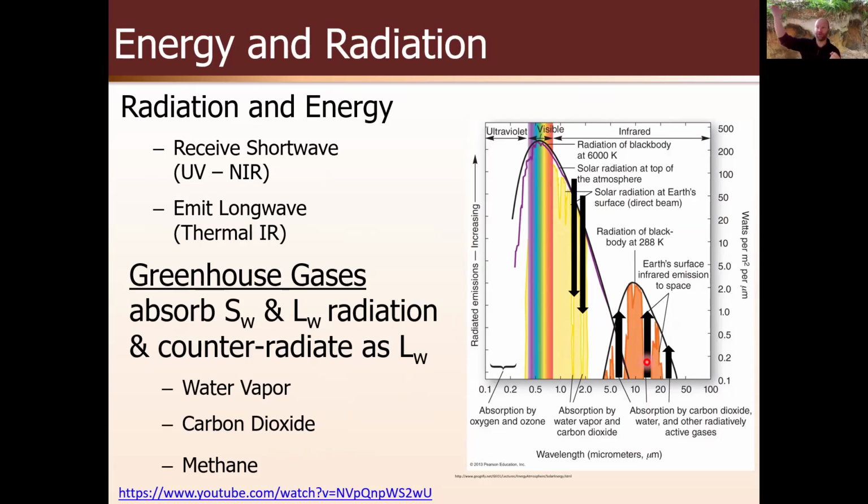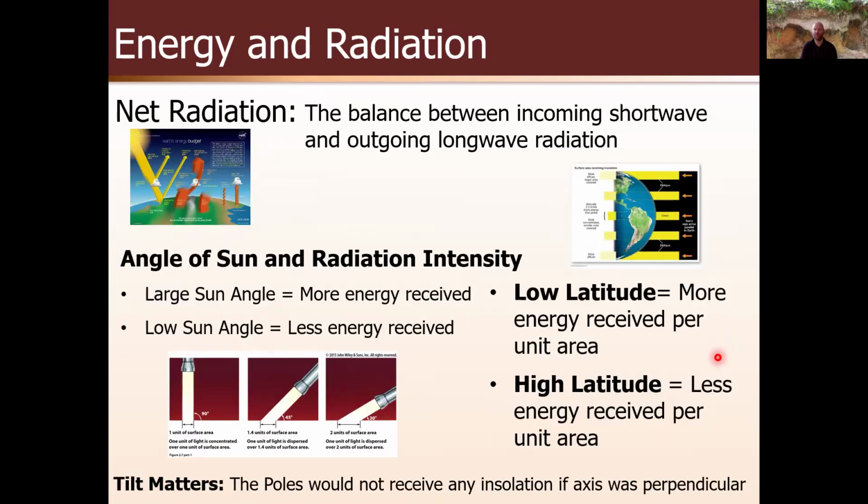Let's say shortwave radiation comes in from the sun and interacts with water vapor, which absorbs the radiation and re-emits it as long wave radiation. That long wave radiation can then be reabsorbed by another water vapor molecule, and then again and again. So these gases are counter-radiating energy through sequential steps of absorption and re-emission. Net radiation is the balance between incoming shortwave radiation and outgoing long-wave radiation. Now we're going to think about net radiation on a global scale.